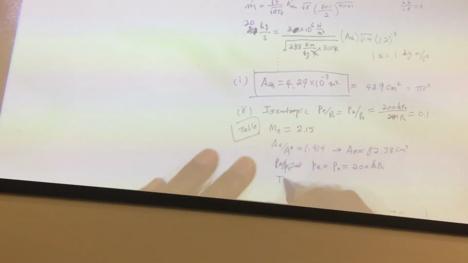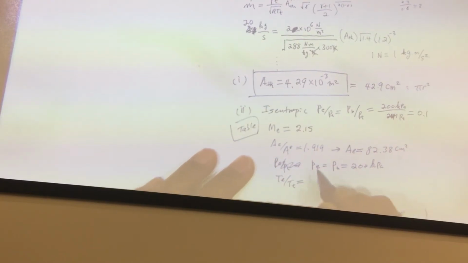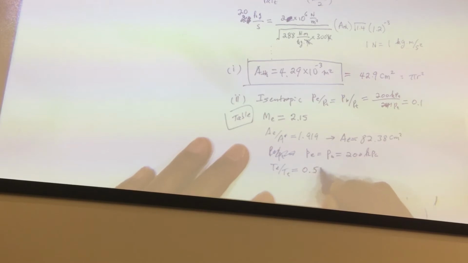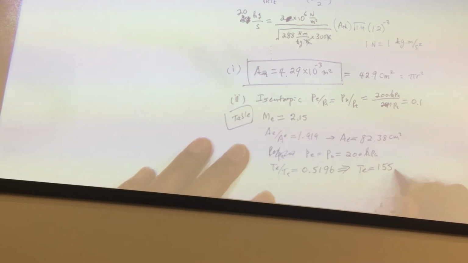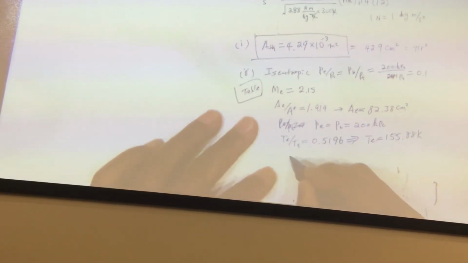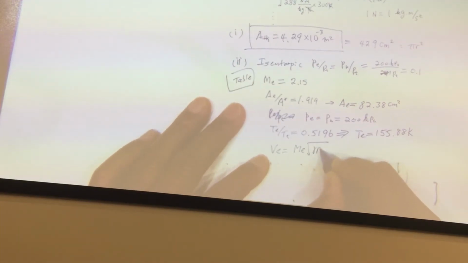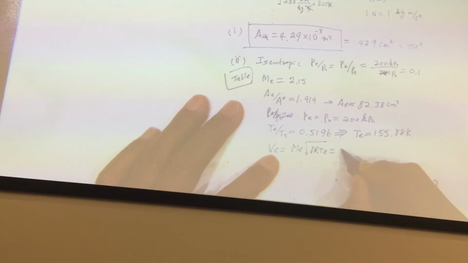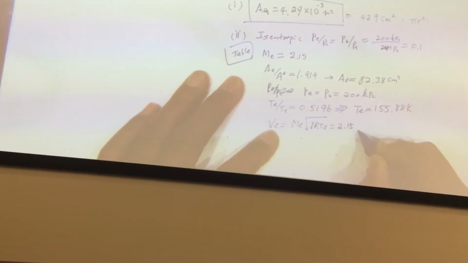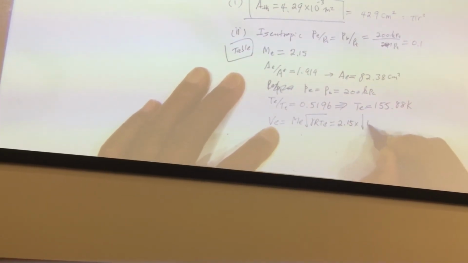But your TE over TT is equal to 0.5196. So that means your TE is equal to 155.88 Kelvin. So VE is equal to ME times square root of gamma R TE, which is 2.15 times square root of 1.4 times 288 times 155.88.